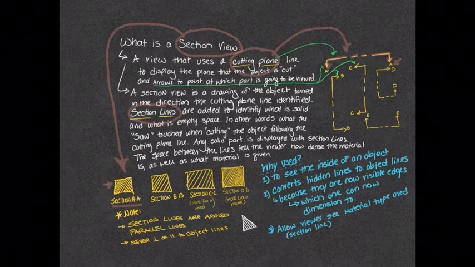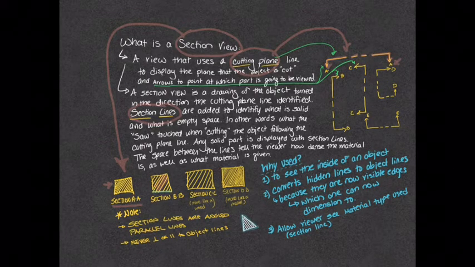If you notice, none of these lines are parallel to the object line. They're all going on an angle, but they are parallel to one another. Even if you notice over here in the triangle, they are never going to even be perpendicular. They're always angled to the object line.